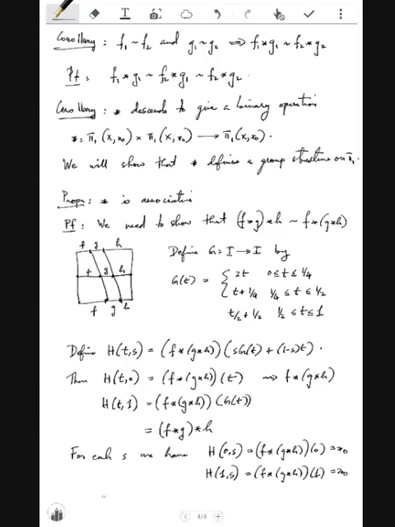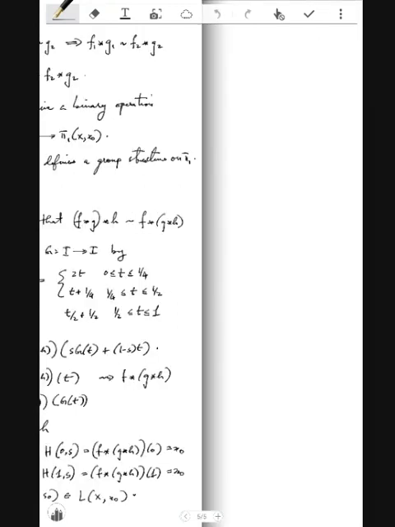So this implies that for each s, H of thus f star g star h is homotopic to f star g star h, and the proposition is proved.